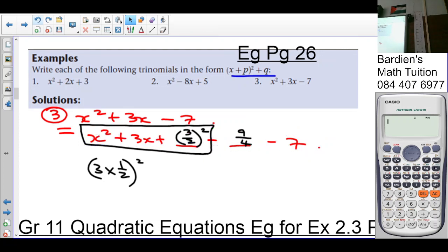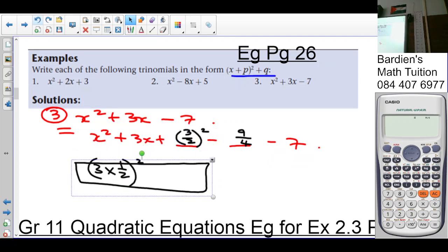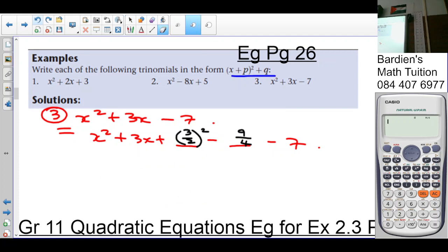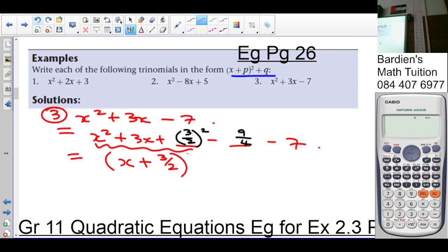Okay. You all okay with that? It's your perfect square trinomial now, people. So what do we get? Open brackets x plus 3 over 2, squared.